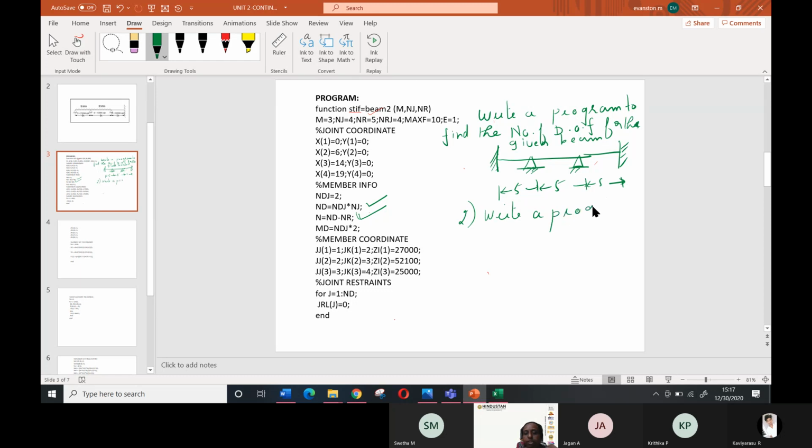And the second part of the question is write a program. After 3 pages, you start writing. Slowly you do this one. Write a program to calculate the joint coordinates for the given beam.